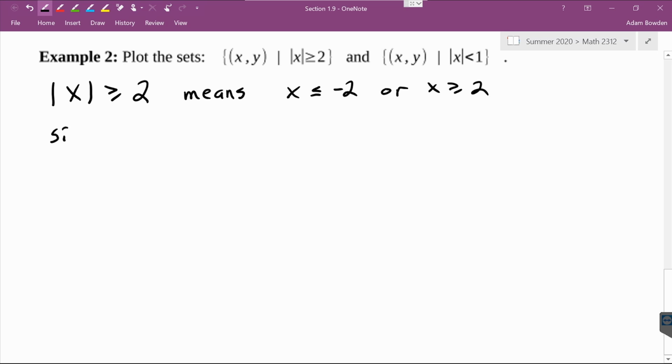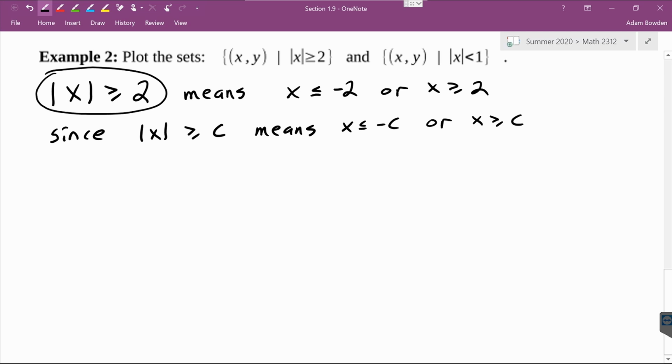And why I can say this is, since if we had the absolute value of x greater than or equal to a number like c, that means x is less than or equal to -c, or x is greater than or equal to +c. So we're always going to be able to take an absolute value statement like this one and rewrite it into a different way to help us understand what it's actually meaning here.